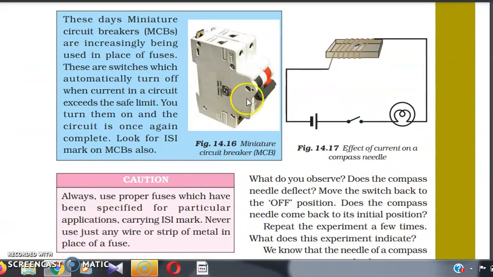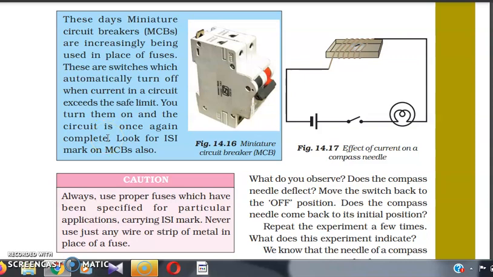Nowadays, instead of electric fuse, we use MCBs, that is miniature circuit breakers, which are increasingly being used in place of fuses. These are switches which automatically turn off when current in a circuit exceeds the safe limit. You turn them on and the circuit is once again complete. So what is the basic difference between MCB and fuse?